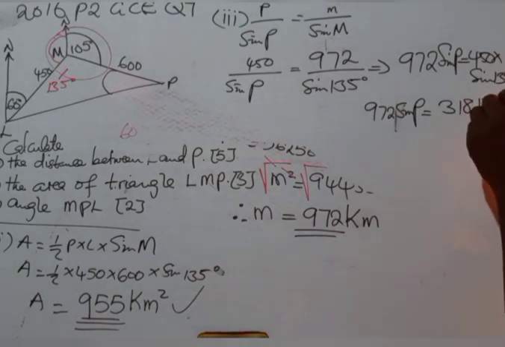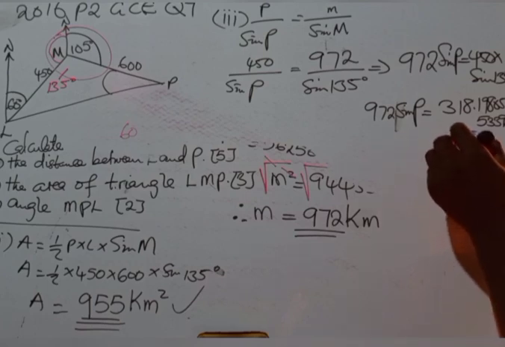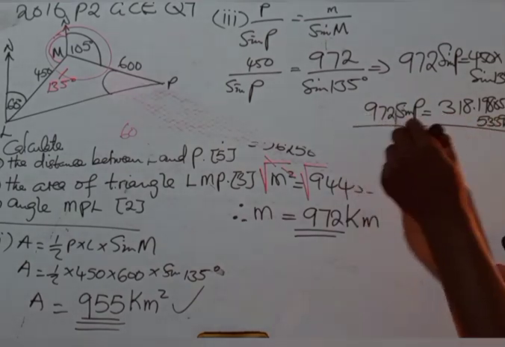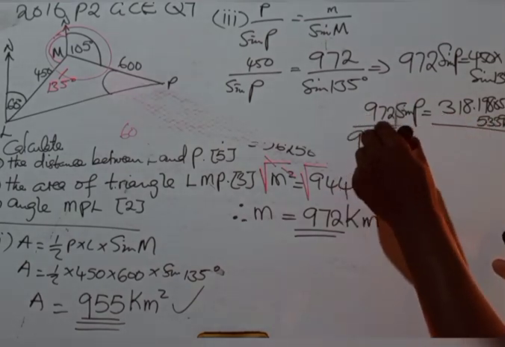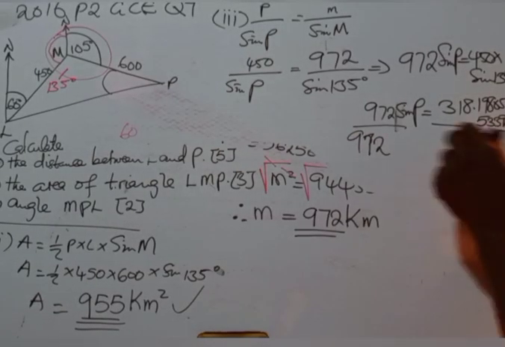18.198 946. Then whatever we have there now, we're going to divide both sides by 972. Even this other side, 972.